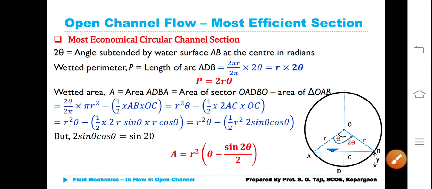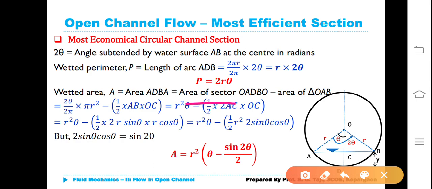Wetted area A is equal to area ADBA. Refer to the figure, you will get that. ADBA is equal to area of sector OADBO minus area of triangle OAB.